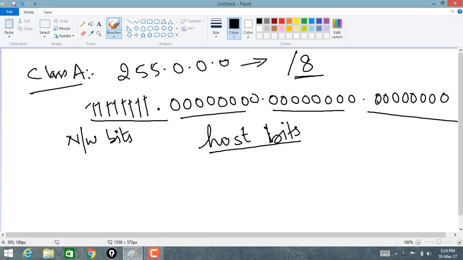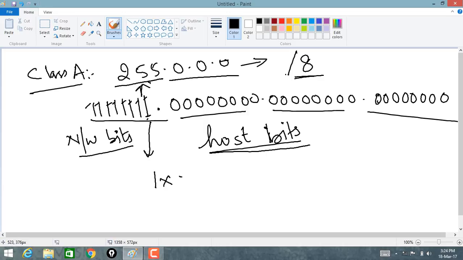So the class A default mask is 255.0.0.0, that is /8. 8 bits are on, known as network bits, and the rest zeros are known as host bits. How does this 255, the decimal number, come from this? We'll convert this binary number into a decimal number. It is very easy.